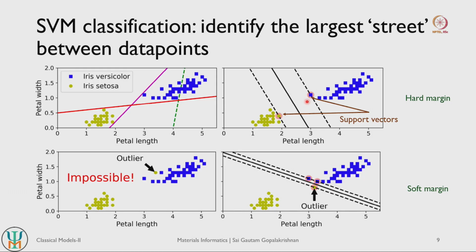So the objective of support vector machine is to identify these most outwardly lying data points of the set of data points that you have, right. So this sort of data set example is actually an example of a linearly separable data set. So where you can completely separate out all the Setosa data points with all the versicolor data points, right.